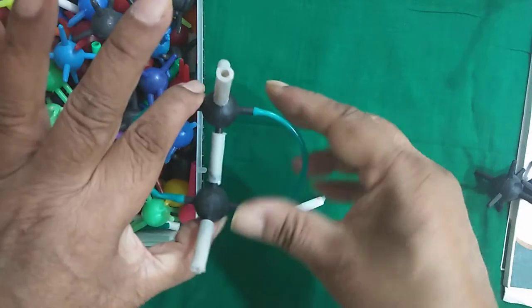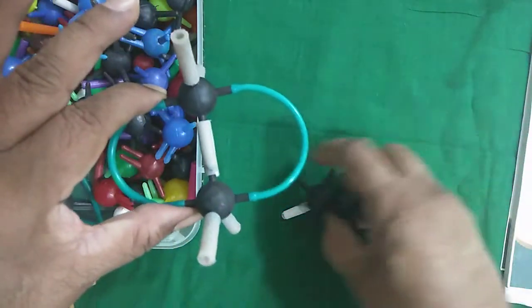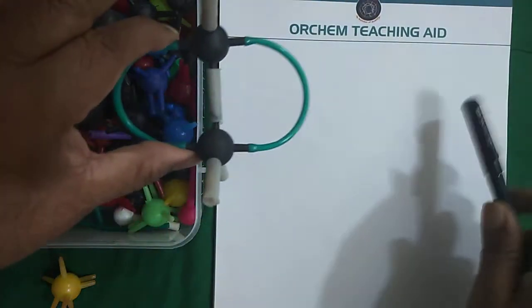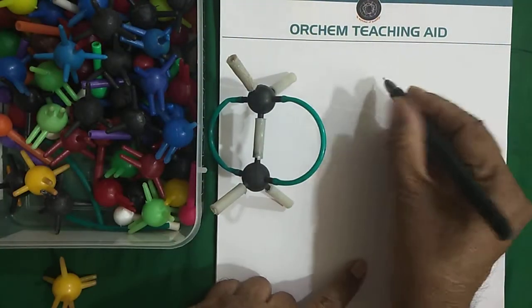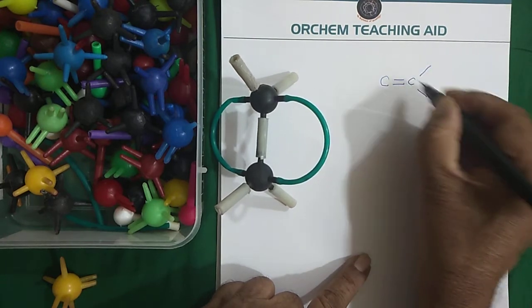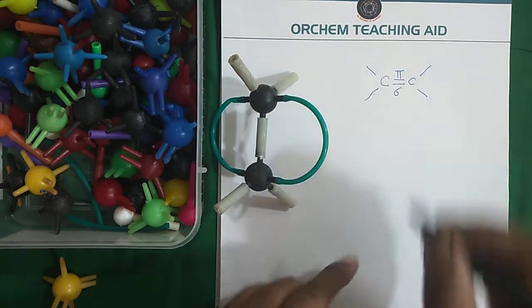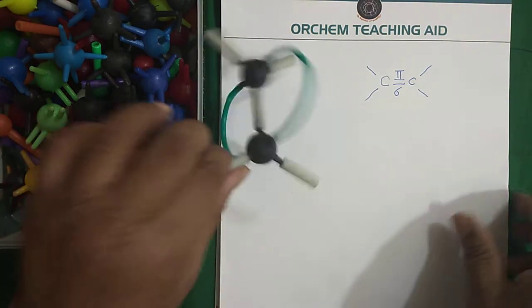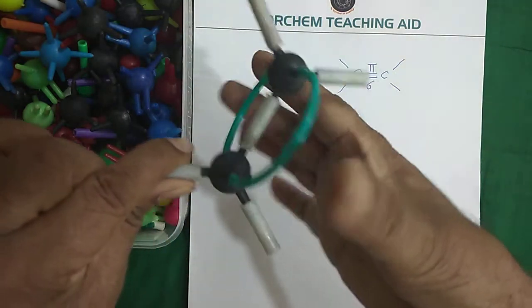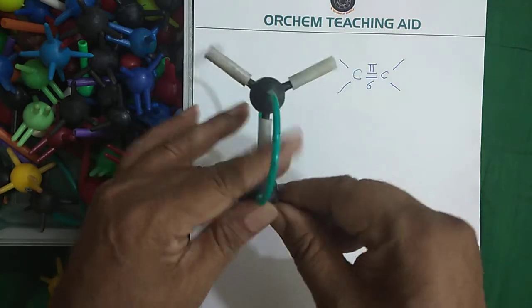Thus, in the ethylene molecule, there is a carbon-carbon double bond. In this carbon-carbon double bond, one bond is a pi bond and one bond is a sigma bond. The pi bond is a lateral overlap and the sigma bond is an axial overlap.